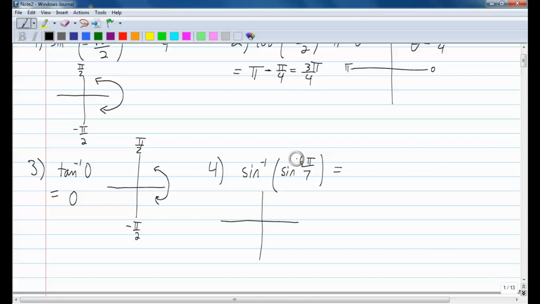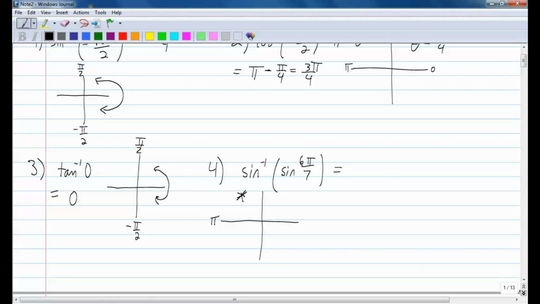So this right here, this 6 pi over 7, is not between negative pi over 2 and pi over 2. So this angle measure is not in the fourth or first quadrant. So we need to figure out where it is. If this is 1 pi, this is 6/7 pi.